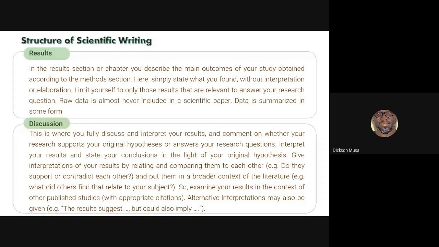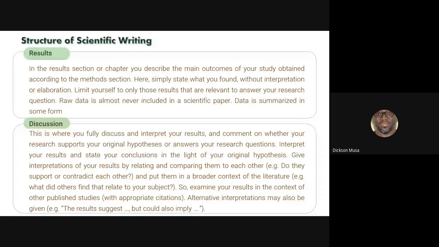One important aspect also is the results. In the results section, you describe the main outcome of your study. You state what you found without interpreting it. You don't interpret, you don't elaborate. You just simply state what you find.